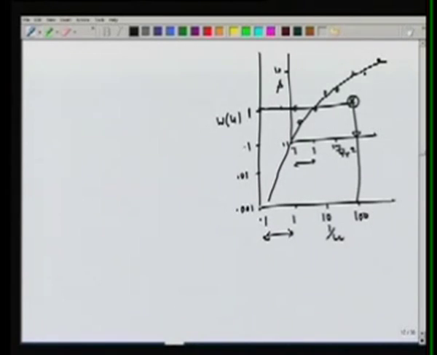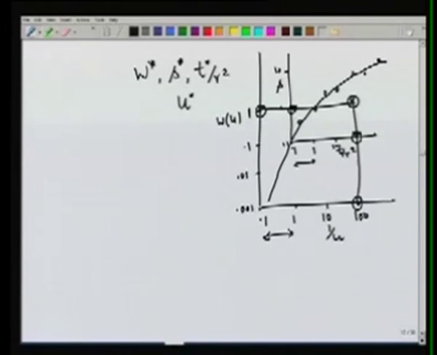So let's call these values W star, S star, T star over R square, and U star. We are measuring 1 over U, but let's call that value 1 over U star. So this will be 1 over U star, this will be W star, this value on the T over R square scale will be T star over R square, and this value will be on the S scale, S star.